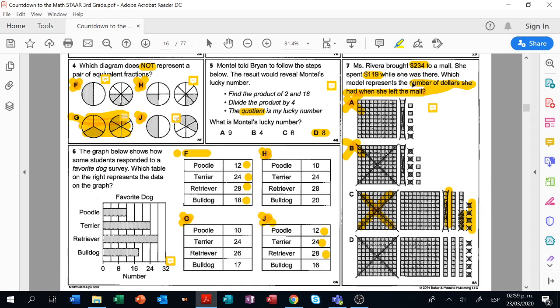Now let's see, the money that she had left does not need to be crossed out because that's the money she has. Let's see if the other part has 115 that are not crossed out. Okay, this is 100 right here.